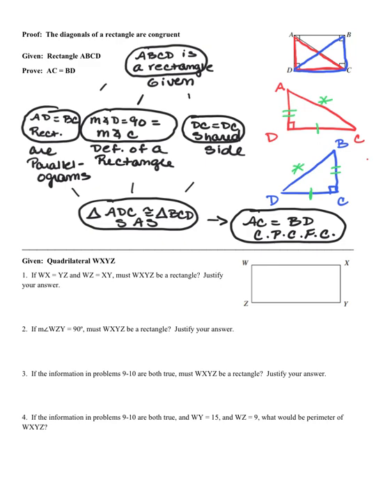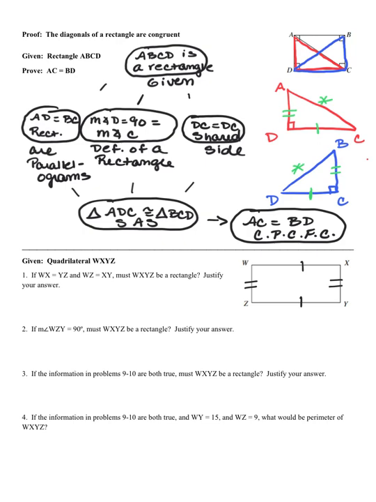Okay, the first question asks us if WX is equal to YZ, so we know these two sides are congruent to each other, and WZ is equal to XY. Are we guaranteed that WXYZ must be a rectangle? Justify your answer.